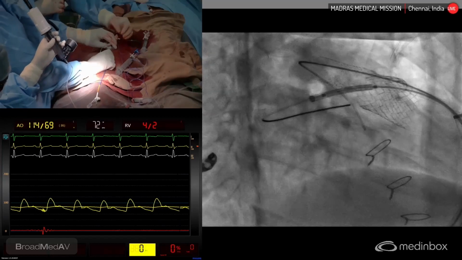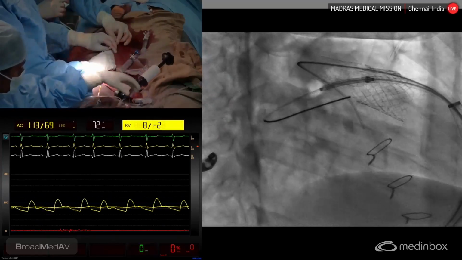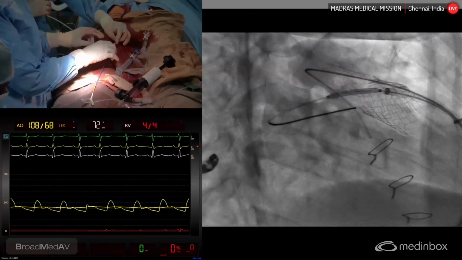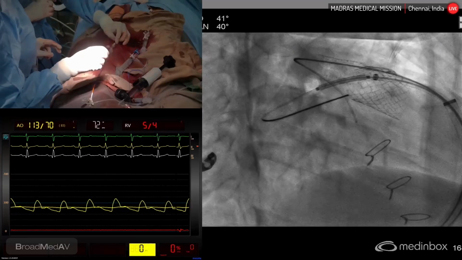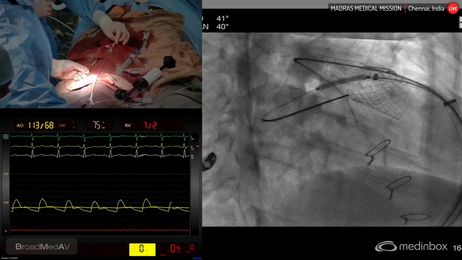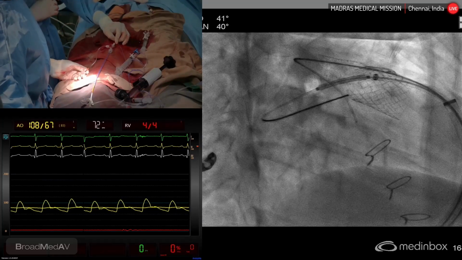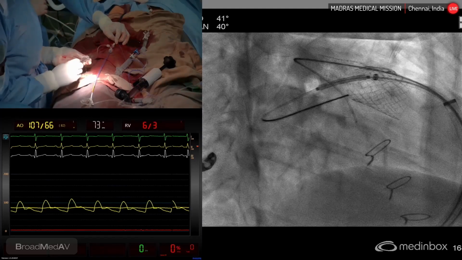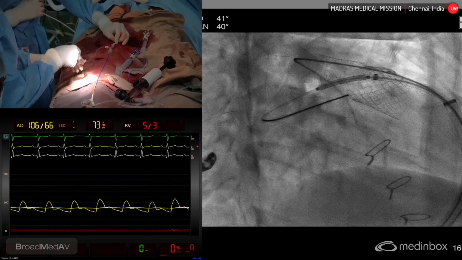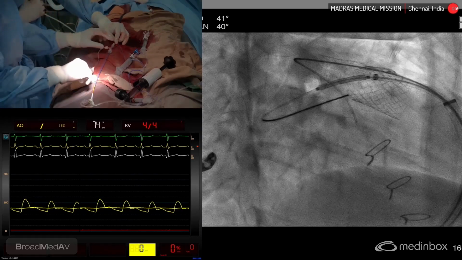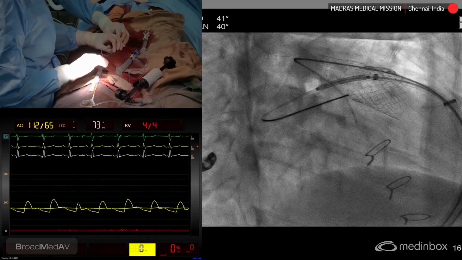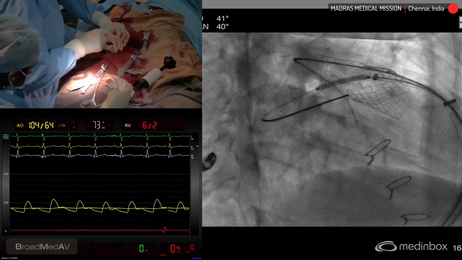So we are exposing the stent now, again using the previous landmark. So at this point, I'm making one angiogram. Checking the flow.